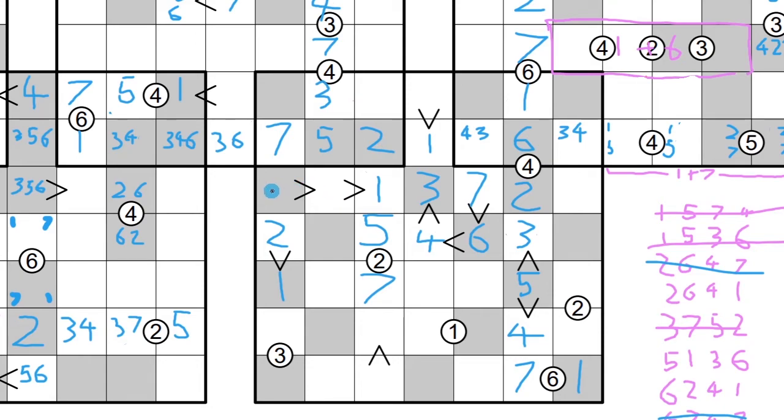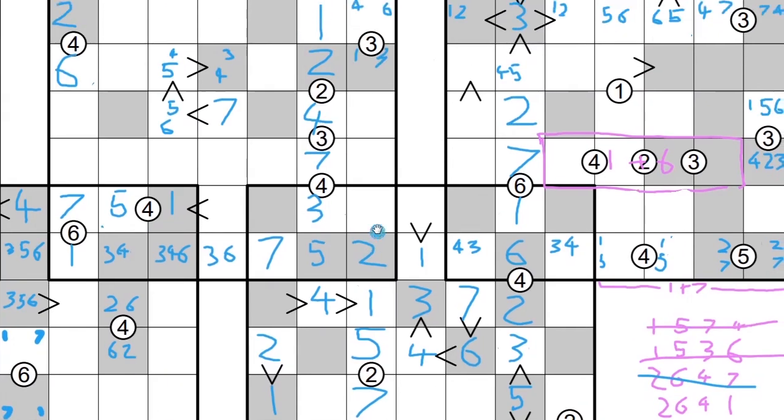But that can't be a 7. So that's not a 6. Hold on. That needs to have one number bigger than it, but where that number is not 7, so it has to be a 5 or lower. It can't be a 5, so it has to be a 4. 3, 2, 1, it has to be a 4. 1, 4. This is giving me so much.